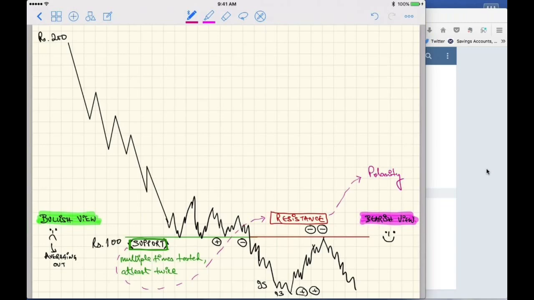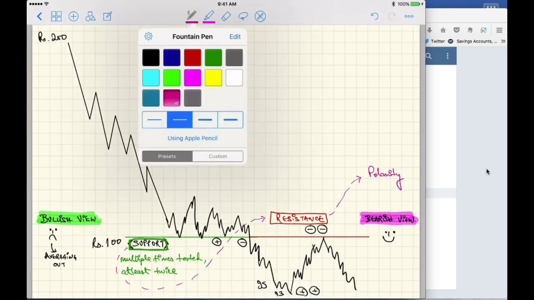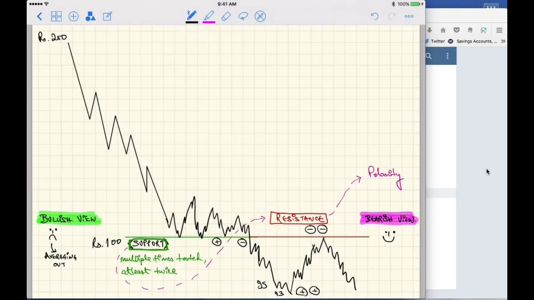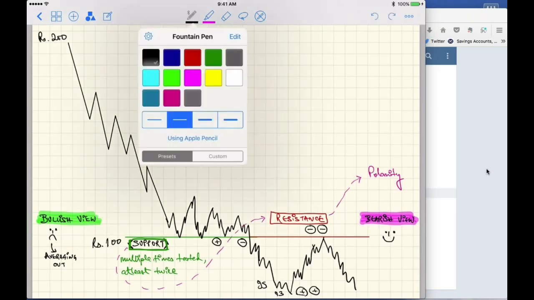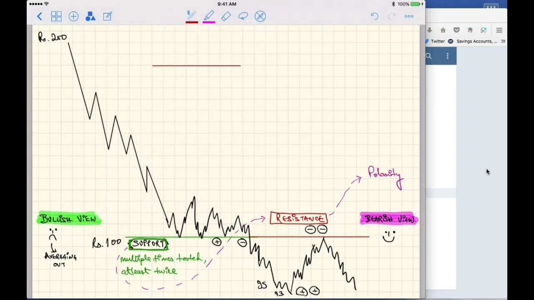Now, before I take you to charts and show you this concept further, just remember one thing, that supports and resistance may not always be horizontal. In this example, let's say this is a level where the stock goes, corrects, goes, corrects, goes, corrects.